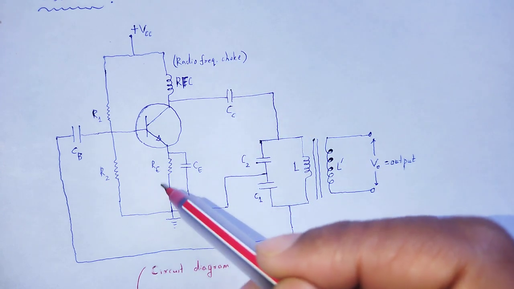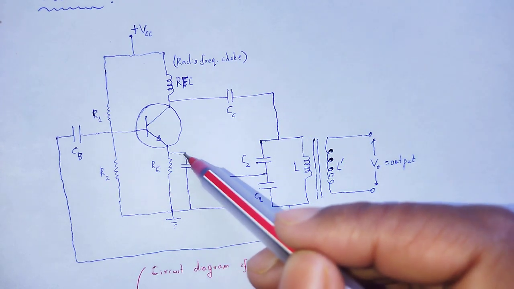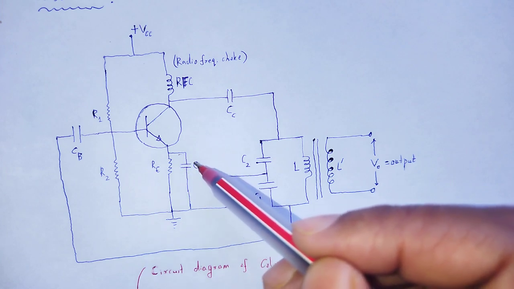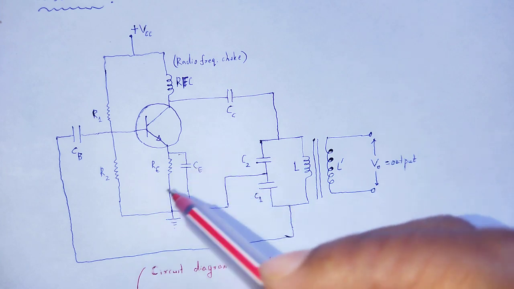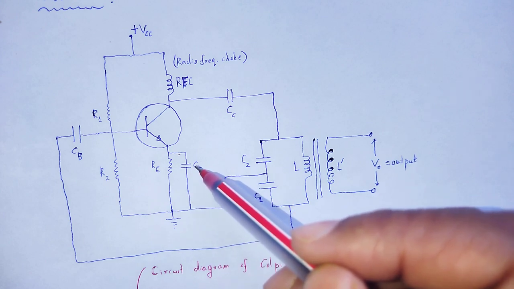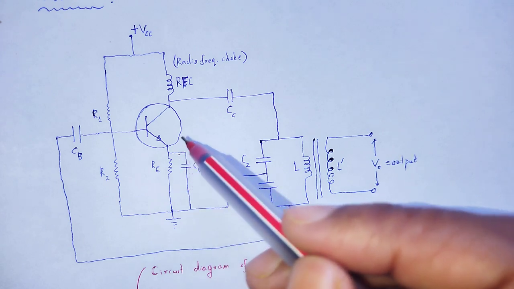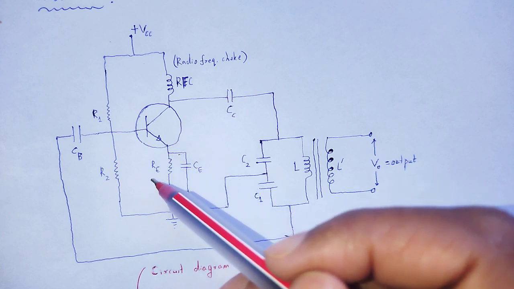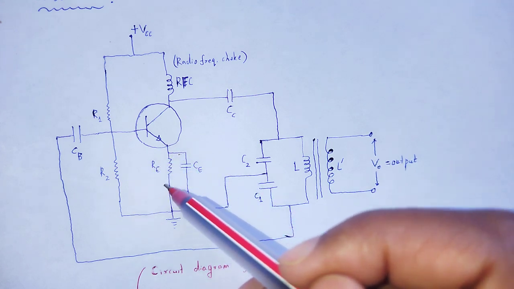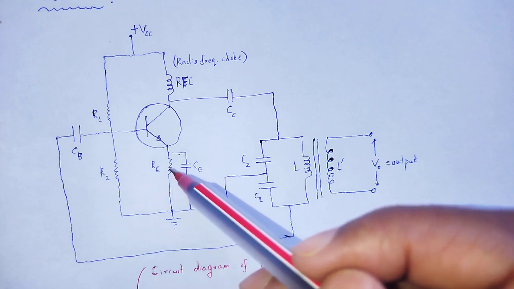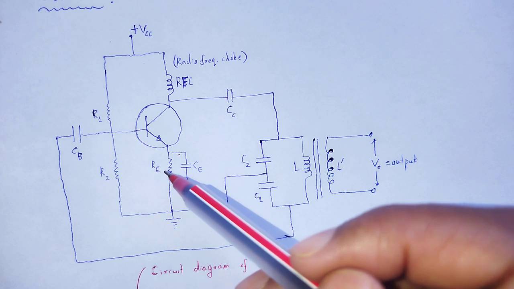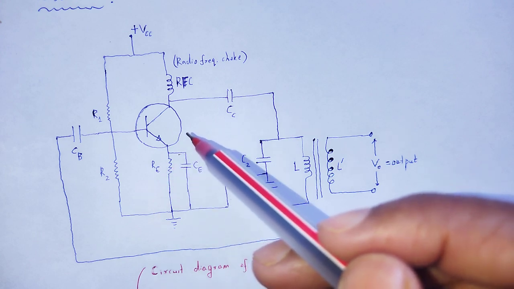Here RE is the emitter resistance connected to a capacitor. That capacitor is called the bypass capacitor. We use the bypass capacitor to neglect the voltage drop across RE. If a voltage is dropped across RE, then power is lost.